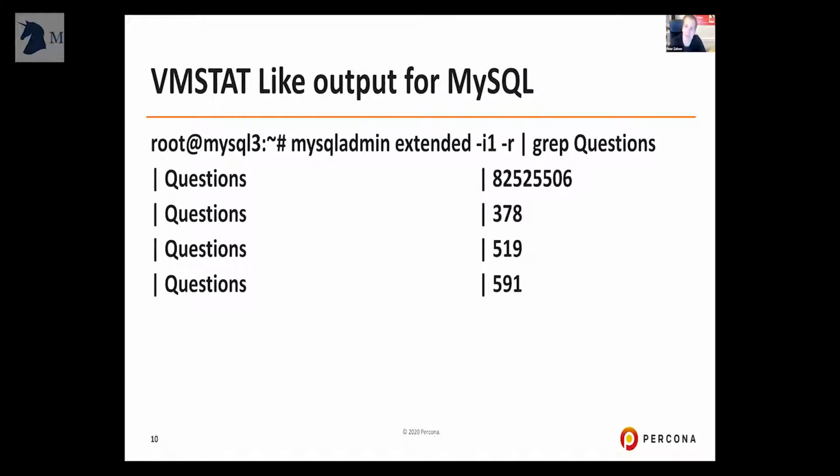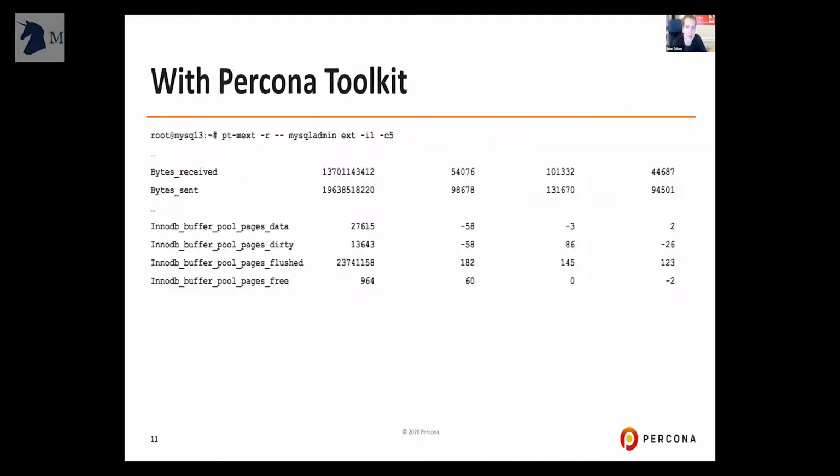But one problem you would say with this particular visualization is it only works for one variable. With your Percona Toolkit, though, you can pivot the table where you can show the incremental values as columns, instead of rows.